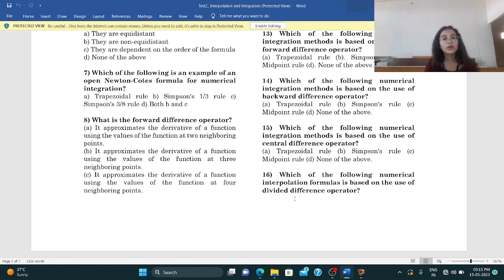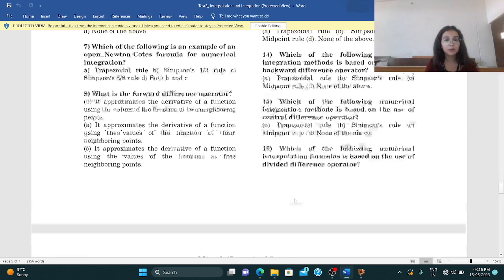Question 8. What is the forward difference operator? Option A. It approximates the derivative of a function using the values of a function at two neighboring points. Option B. It approximates the derivative of a function using the values of a function at three neighboring points.